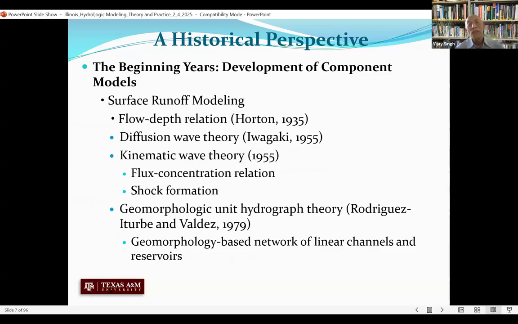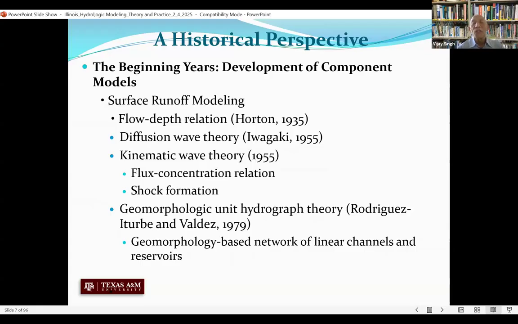In 1955, the same year, two mathematicians, Mike Lighthill and Gerald Whitham from the University of Manchester, developed the kinematic wave theory, which essentially is based on, besides the continuity equation, two principles: flux concentration relation and shock formation. And then in 1979, Ignacio Rodriguez and his associate Valdez developed the geomorphologic unit hydrograph theory.